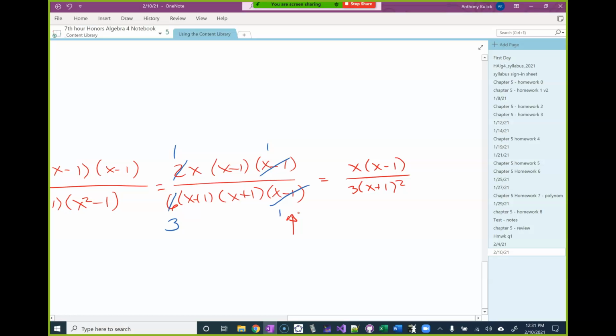We only care about what happened in the denominator. Did it matter that we crossed the 2 out? We reduced the 2. No, because it had no x in it, right? If it doesn't have an x in it, it can't cause a restriction.